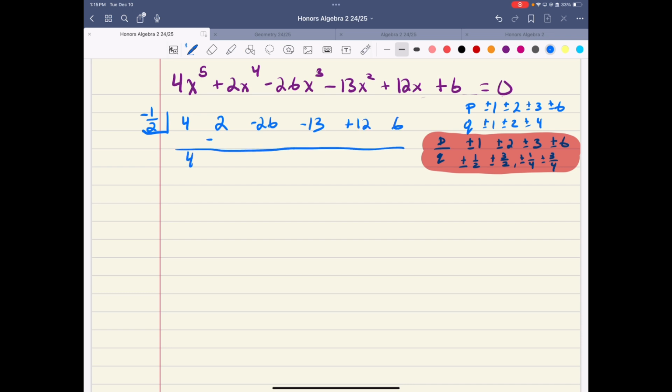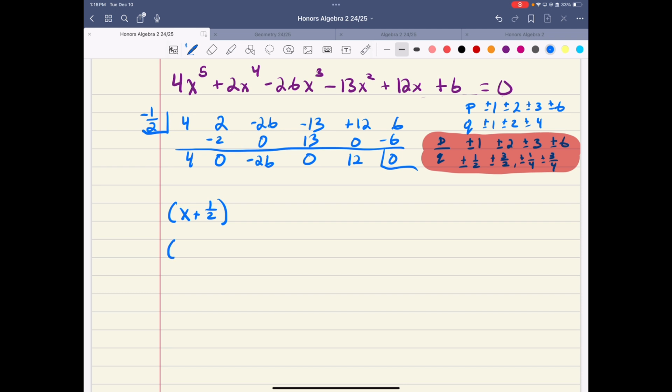So that's 4, that's negative 2, that's 0, that's 0, that's negative 26, that's 13, that's 0, that's 0, that's 12, that's negative 6, that's 0. Works. So our first factor is x minus 1, x plus 1/2. We can't write it like that.